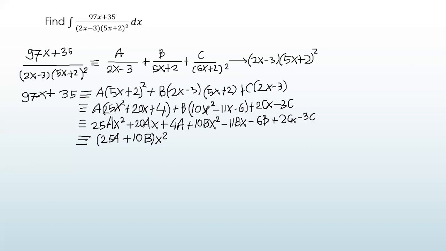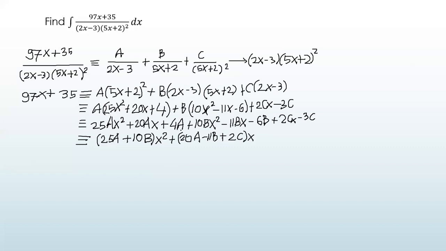Afterwards, the numbers with variable x are 20a, minus 11b, and plus 2c, x.